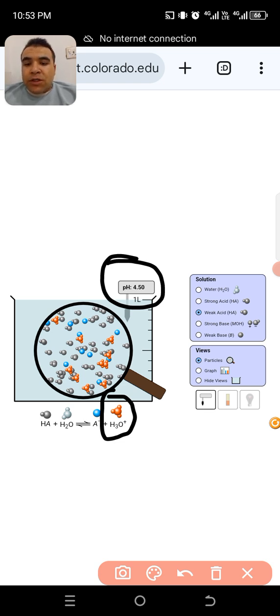It produces hydronium, but most of the acid remains as non-ionized molecules. So as you can see, the non-ionized molecules stay here as non-ionized, but we have fewer hydronium. The reds represent the hydronium and anion as well.